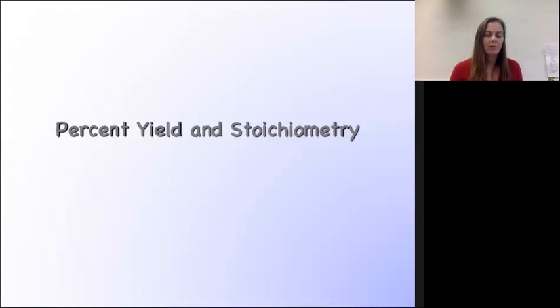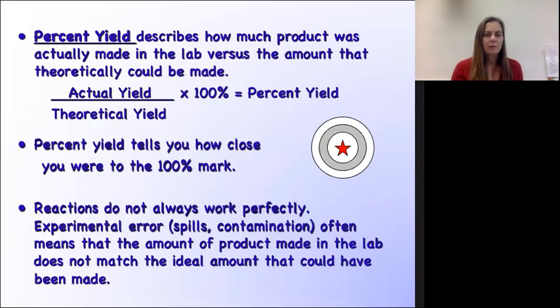And today we're talking about one of the final topics when it comes to stoichiometry, and that's the idea of percent yield. And when we talk about percent yield, this is not percent error. We've calculated that in labs before, but this is percent yield. Percent yield is a way of saying how much product was actually made in the lab versus the amount that theoretically could be made.